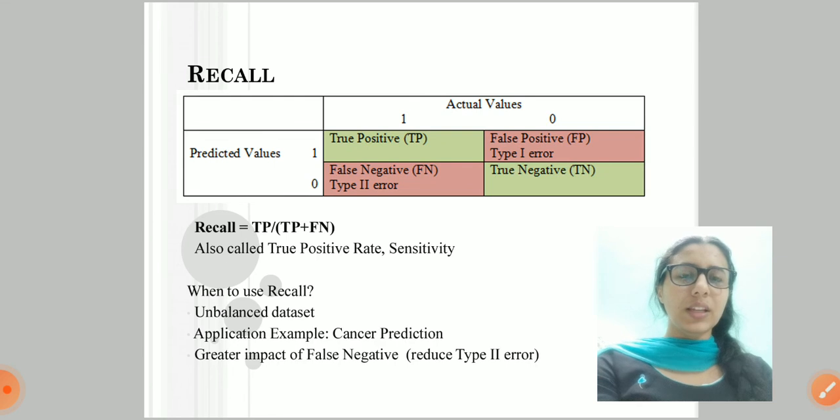Let's say the person actually has cancer, but the model predicted non-cancer. It may cause a great disaster for the person, and it may prove very dangerous for the person who has cancer but is predicted as non-cancer. So in such applications, when we need to evaluate the model, we use recall as the metric.